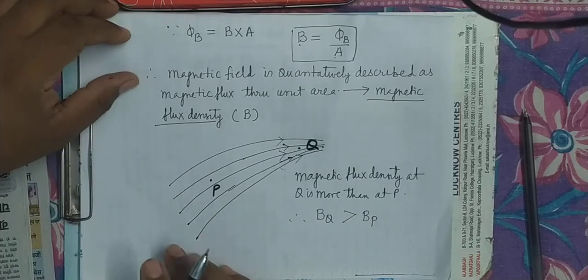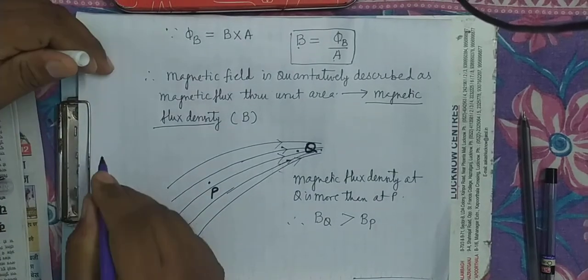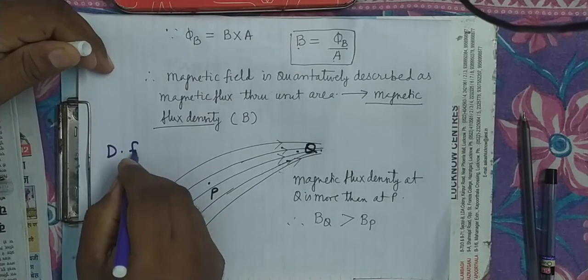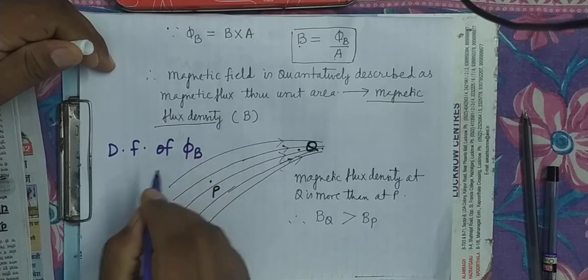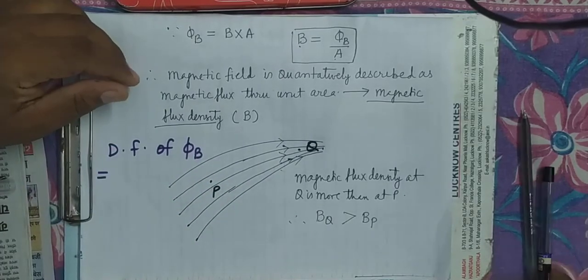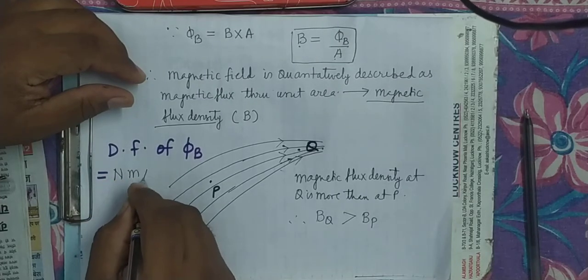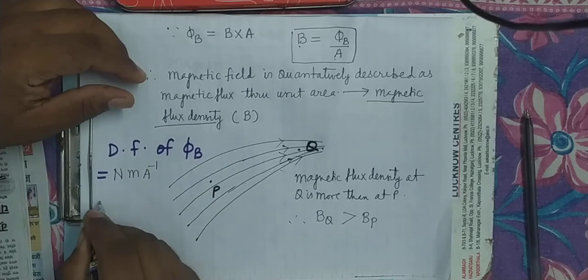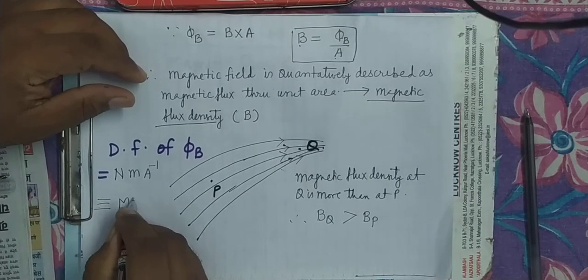Now, what is the dimensional formula of magnetic flux? That is also one important term. The dimensional formula of magnetic flux phi B. As you already know, its unit is Newton meter per ampere. Newton means MLT minus 2.